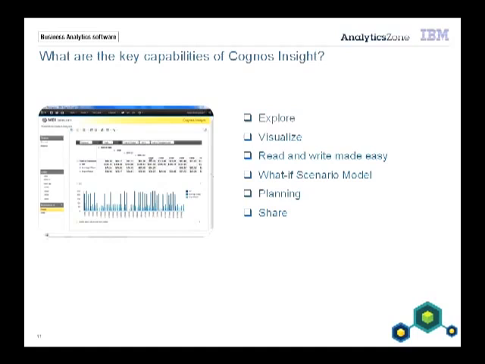We have the capabilities to do what-if scenario modeling as well. And this comes into play for our planning scenarios. So being able to really look at forecasts, being able to take your data set and produce something that looks into the future. And then we're able to share those throughout our work group as well. So very, very great capabilities that come to bear for the business user and the work group themselves.